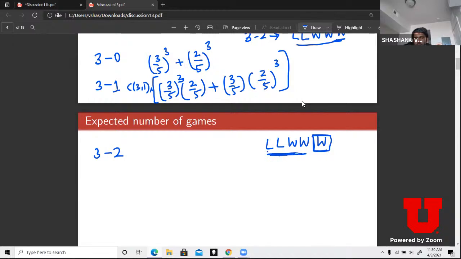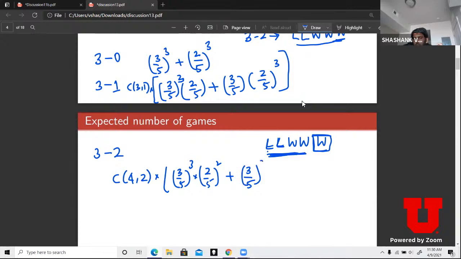It would be C(4,2), which means in the 4 places, you could place the losses or the wins at any of the 2 positions, times the total probability. One team has won 3 and lost 2, or it's the opposite: a team has lost 2 and the other team has won 3.